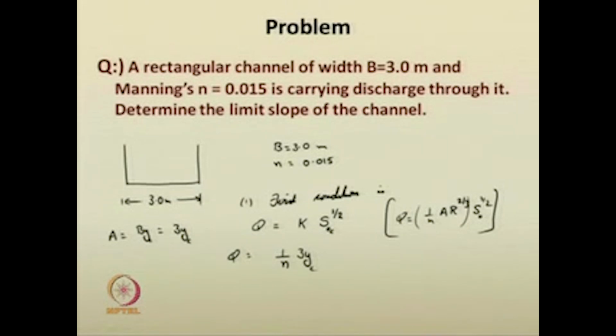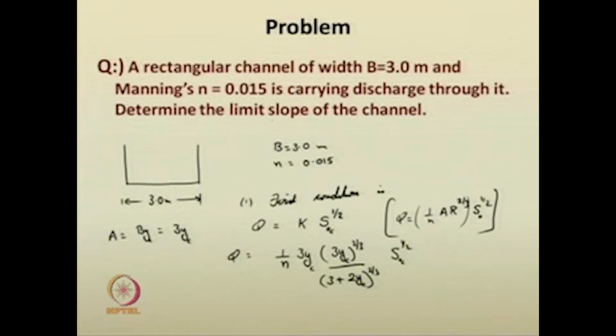I am just writing it as C, 3 y c, 3 y c to the power of 2 by 3, 3 plus 2 y c to the power of 2 by 3, S naught c to the power of half. Like this you will get the relationship.